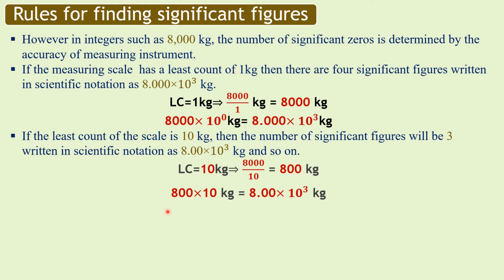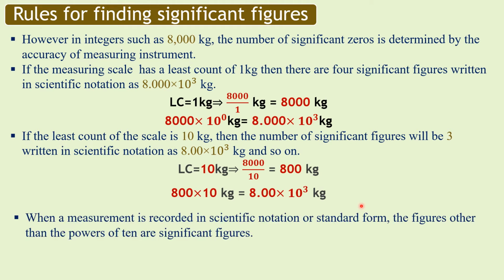Writing 800 kg into scientific notation, we shift the decimal point towards the left and we get 8.00 exponent 3 kg. In 8.00 there are three significant figures. So from this calculation we know that by increasing the least count of the measuring instrument, the number of significant zeros decreases because a measuring instrument with a larger least count is less precise.